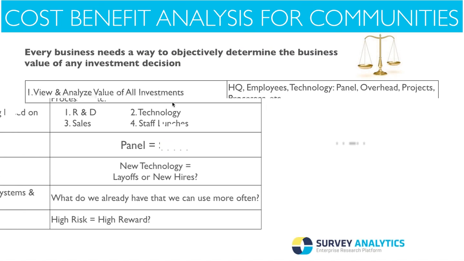Being able to present something in terms of return on investment might be a little bit harder. So you might need a different strategy to be able to implement something as big as an online community.